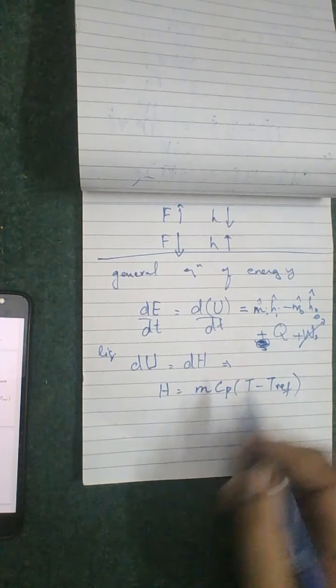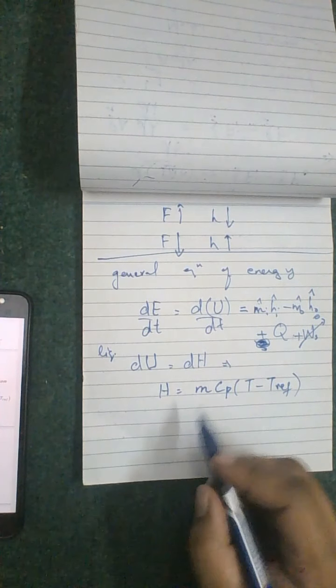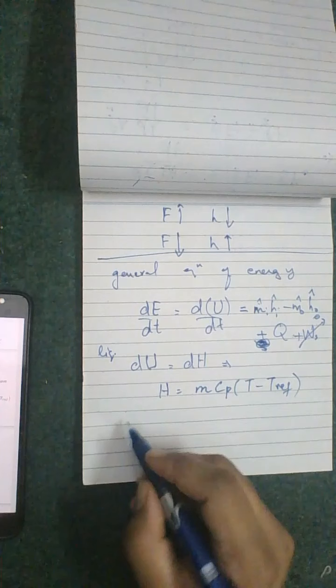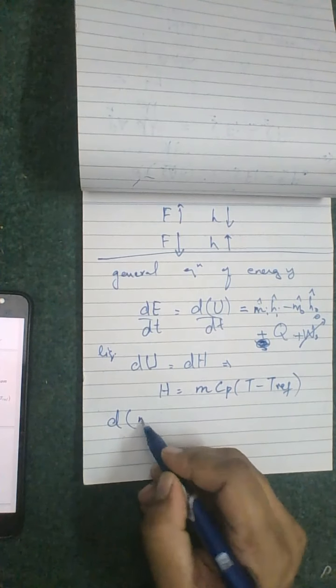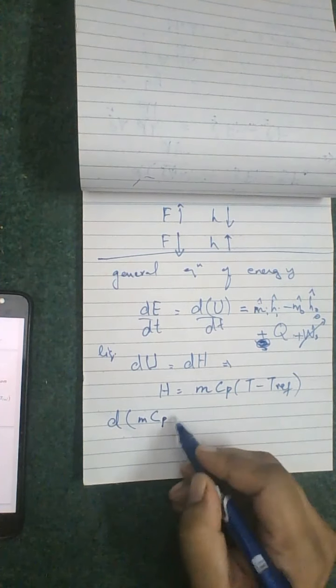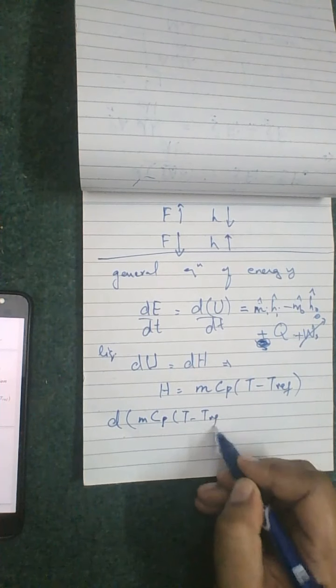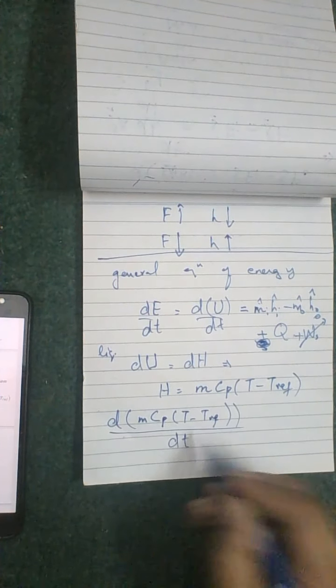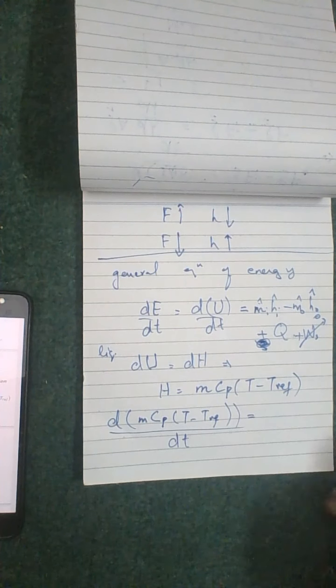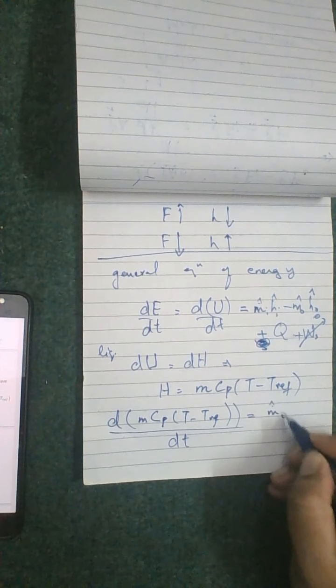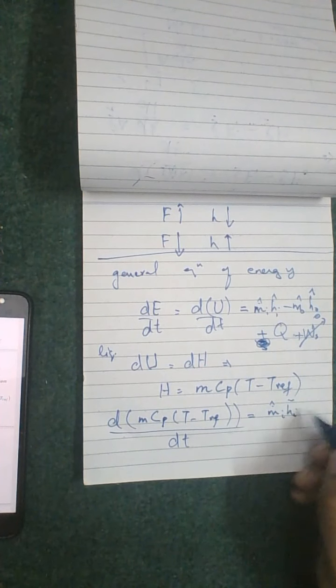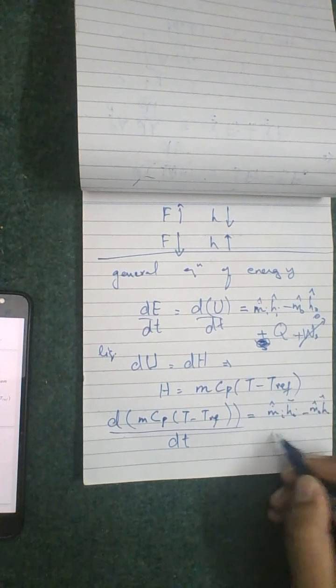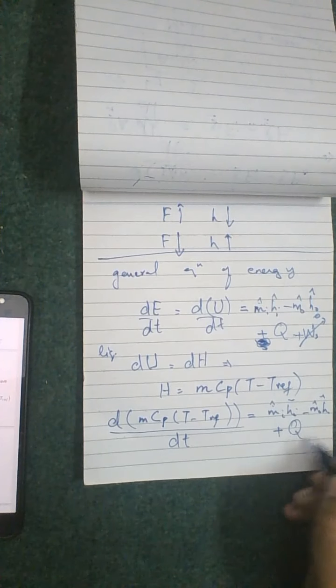So inserting this into the above equation, we have d of m Cp (T minus T reference) over dt is equal to mi hi minus m naught h naught plus Q.